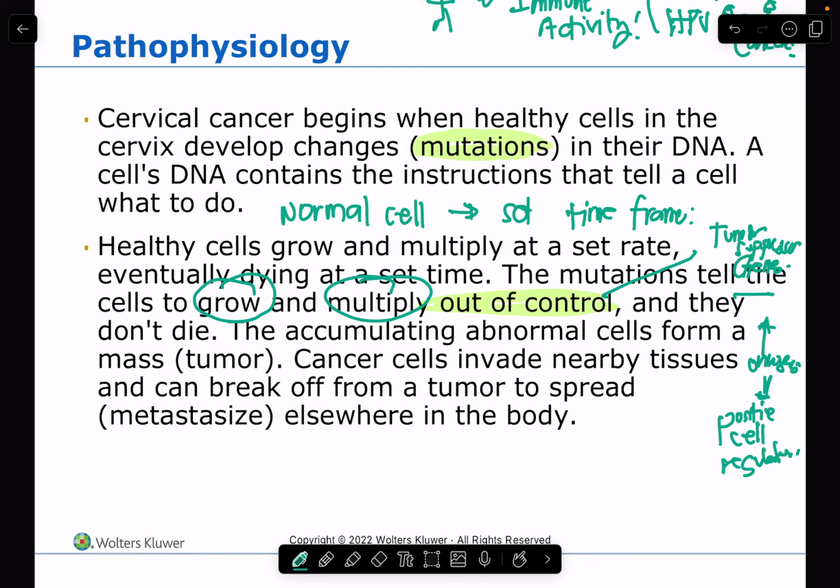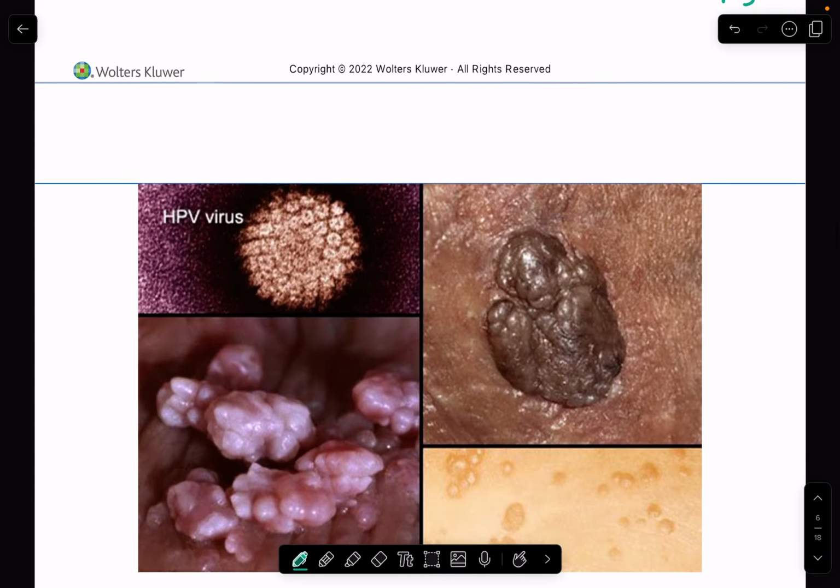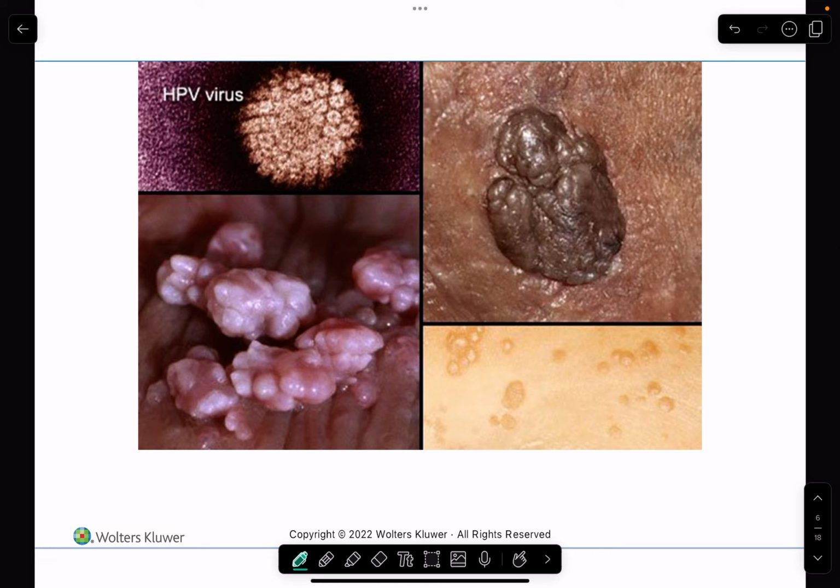These are the examples of HPV. So we see a formation of genital warts on the affected person that would predispose the person to developing cervical cancer.